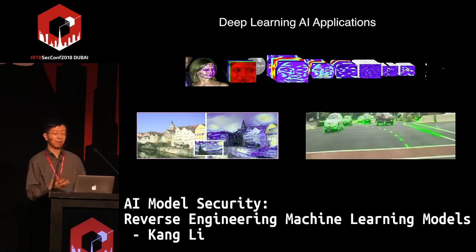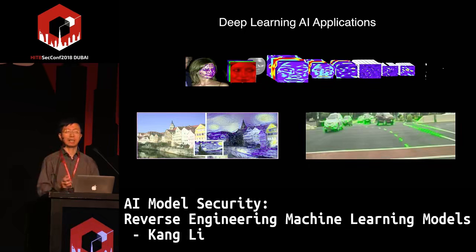So I'm putting a few deep learning applications here. And when I talk about AI model or AI application today, it's going to mostly relate to deep learning applications. For other types of AI, like those using symbolic reasoning or knowledge systems, my work is not going to apply there.